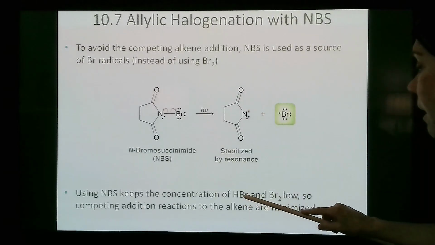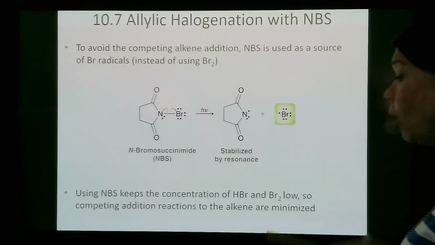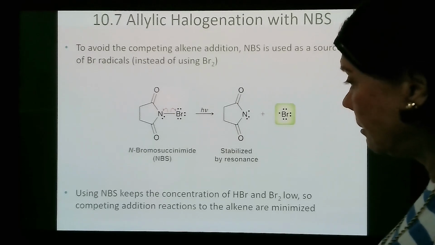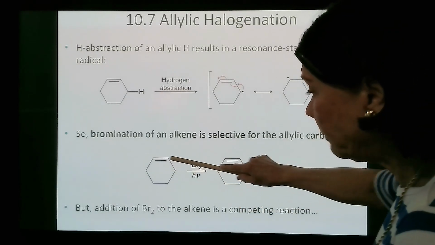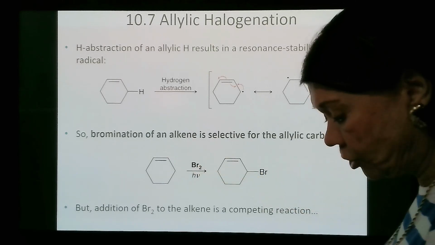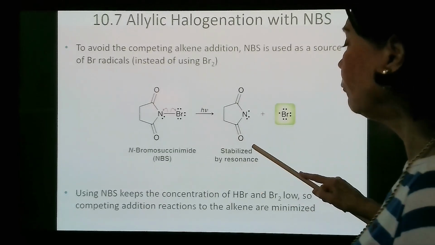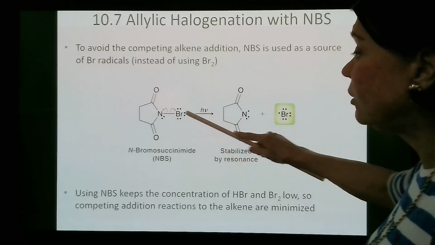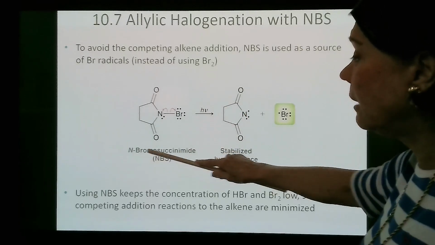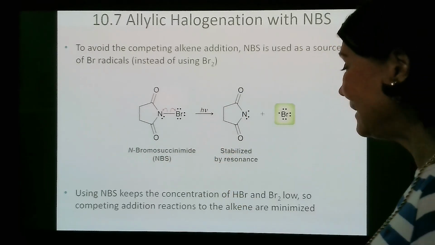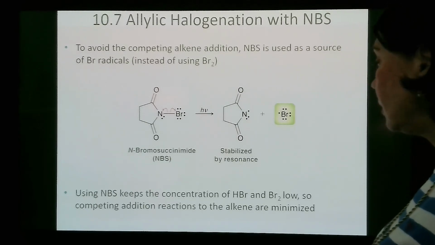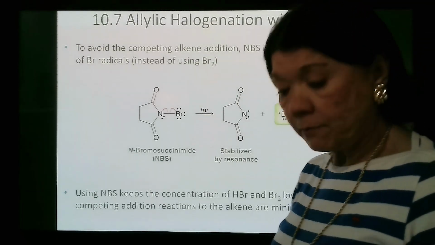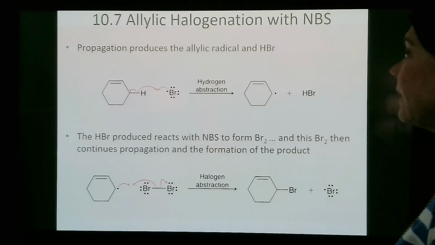So you want to keep the HBr and the bromine concentration low in order to minimize addition across the carbon-carbon double bond. We want to maximize formation of the reaction at the allylic position. And so using this will accomplish that. So this is a very good use of N-bromosuccinimide, often abbreviated as NBS, which is used a lot for allylic bromination reactions in synthesis.